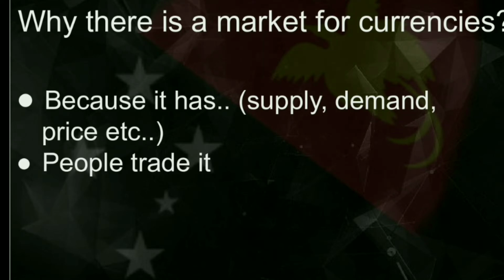The second point states the overall concept of why these markets exist. It's because people trade it. They put their money into the other currency and profit off the growth of the foreign currency. The overall growth of that currency is determined by its country's economic strength, in which the first point just mentioned, its supply, demand, and price, comes in.